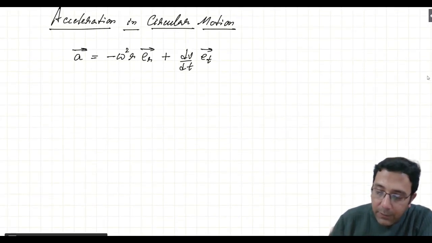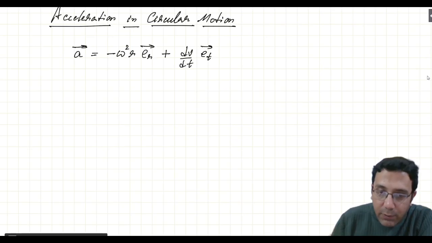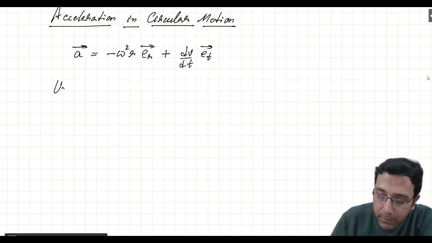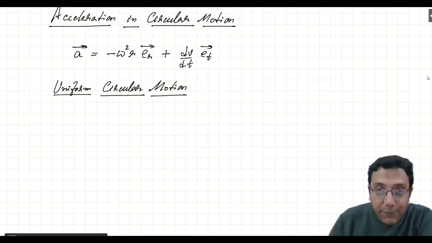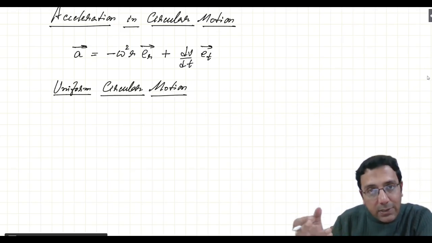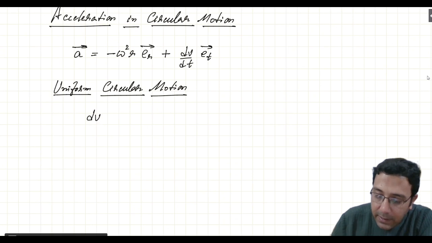Now, if the circular motion is uniform, the speed is not changing, so dv by dt is 0.